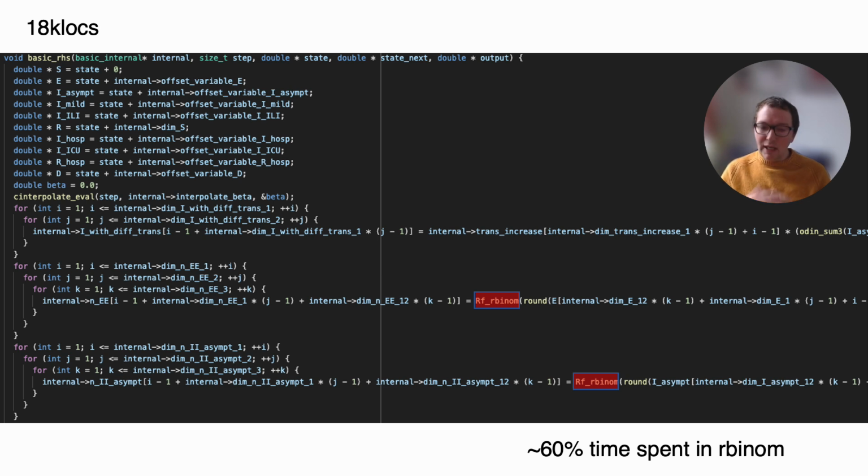So if you do develop these kind of models, if they get more than having a few ODEs, you probably want to consider using a package rather than writing out the ODEs yourself and using an ODE solver. And actually, this is an early version of the model, but it ended up as 18,000 lines of code, generated from more like 500 lines of model code. So you do save a lot of time by doing it this way.